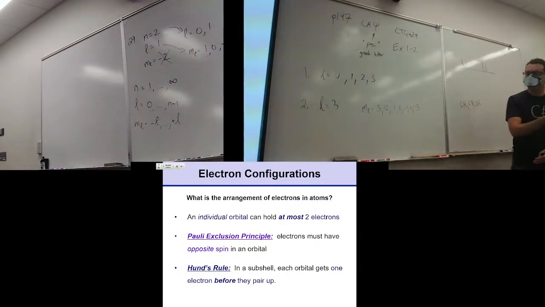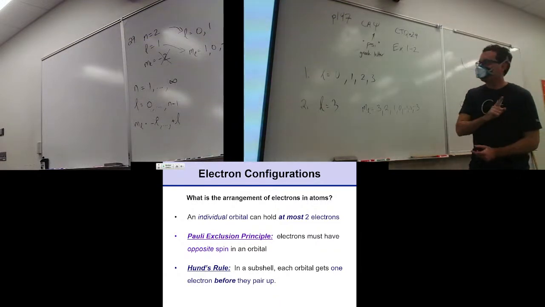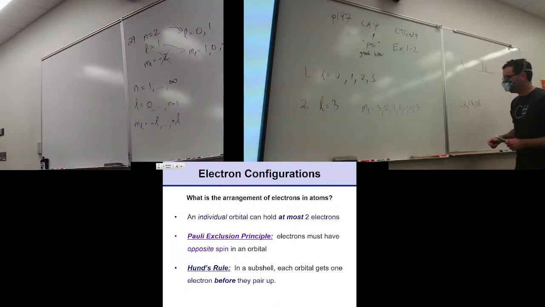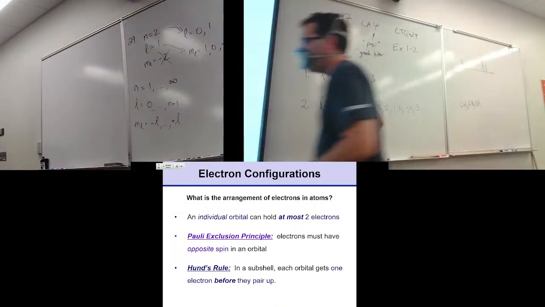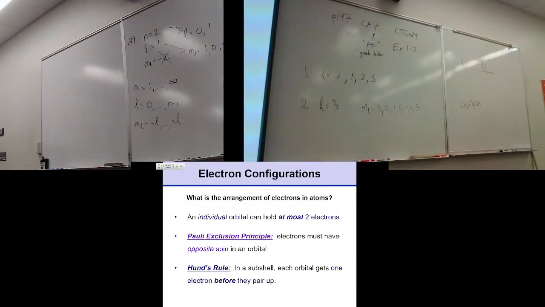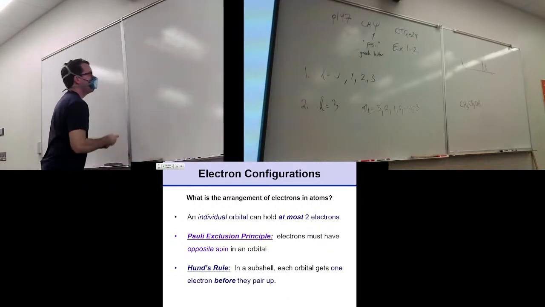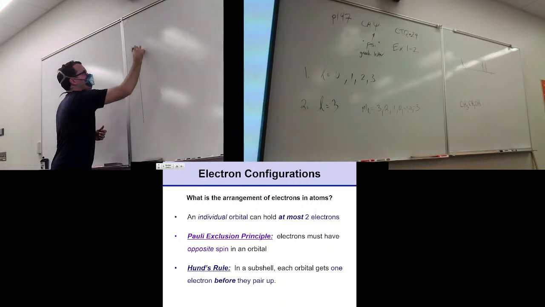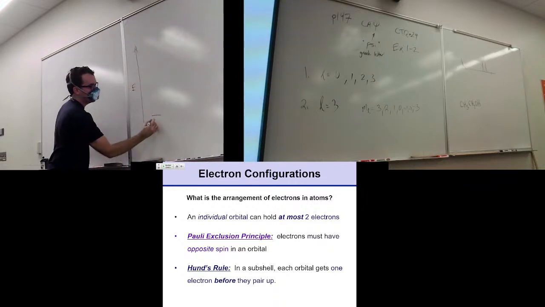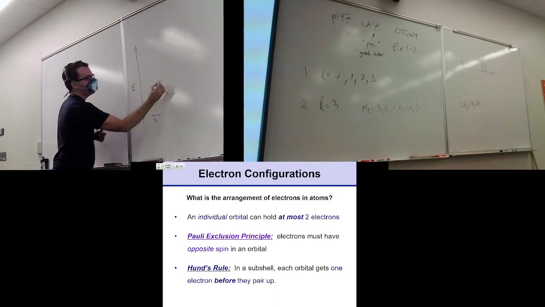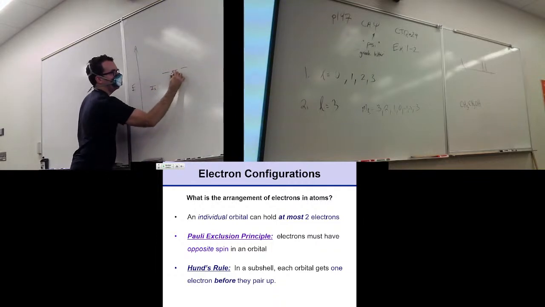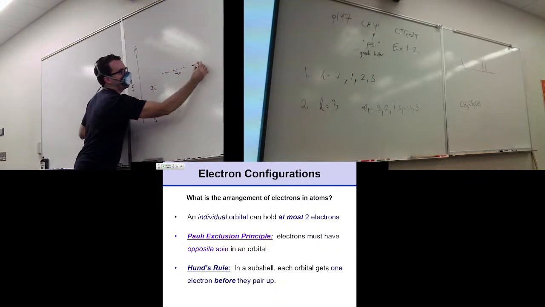That's the Aufbau principle. Hund's rule is when you get to these degenerate orbitals. So, let me redraw this real quick. So here's energy, here's your 1s, here's your 2s, and after 2s comes 2p. So these are degenerate.